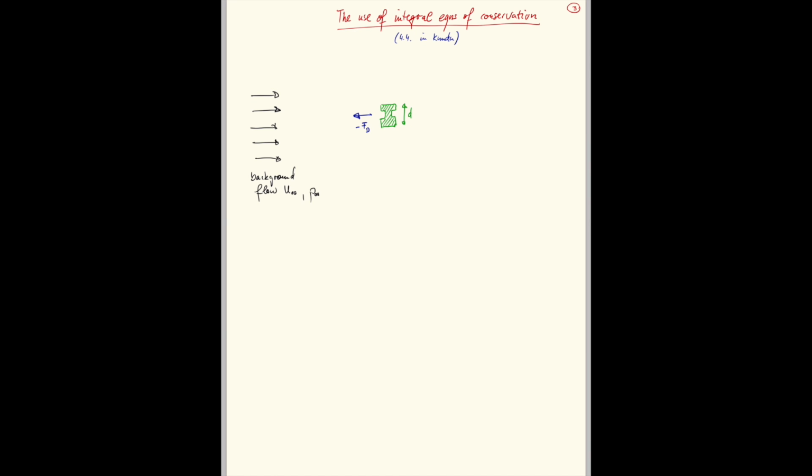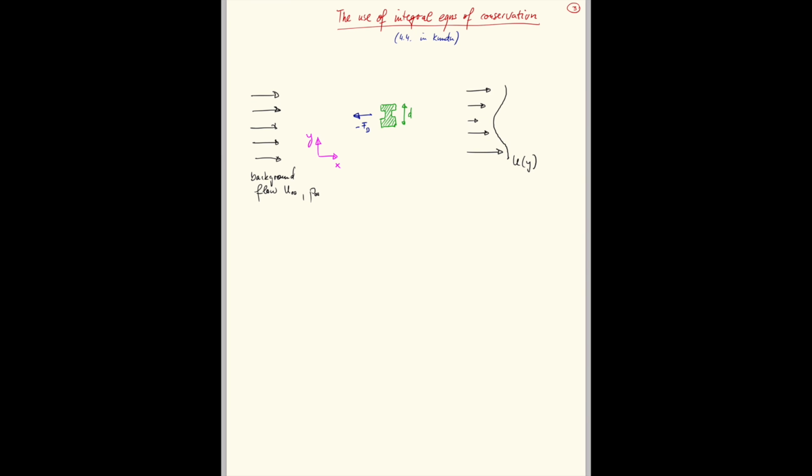Then downstream, the flow field will have changed. The drag force exerted onto the bar means that our flow field has been decelerated. So now our flow field will look something like this: U as a function of y, where my coordinates are x and y, chosen like that.